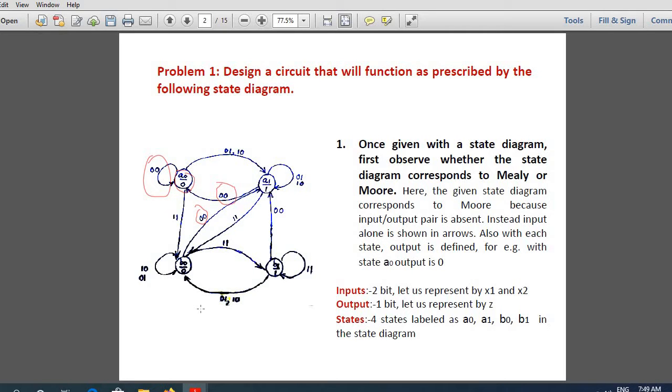And what about the output? Each state is associated with an output and output is represented by 1 bit. Let us say we are representing the output bit by Z. Now how many states are there? It has 4 states and they are labeled as A0, A1, B0 and B1 in the state diagram.